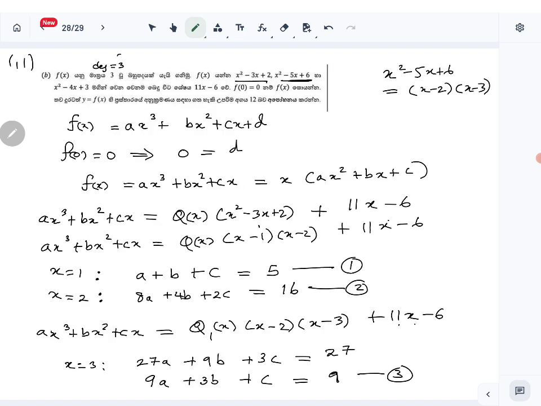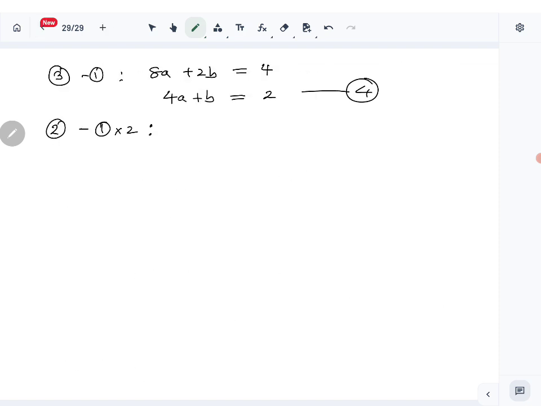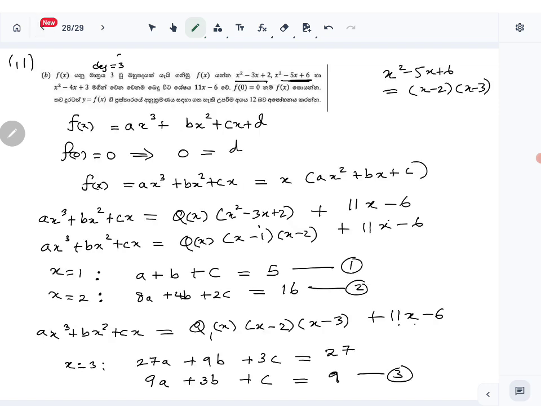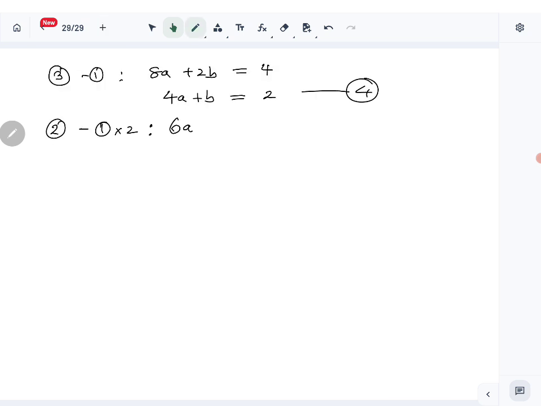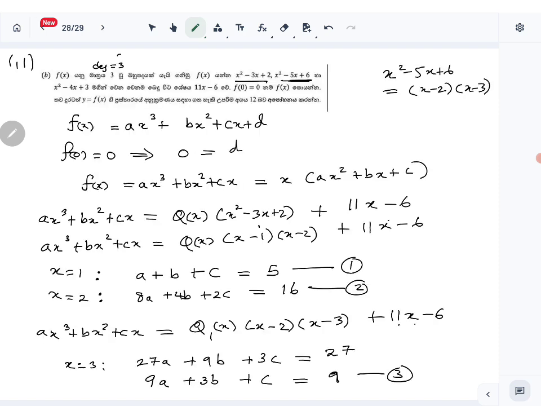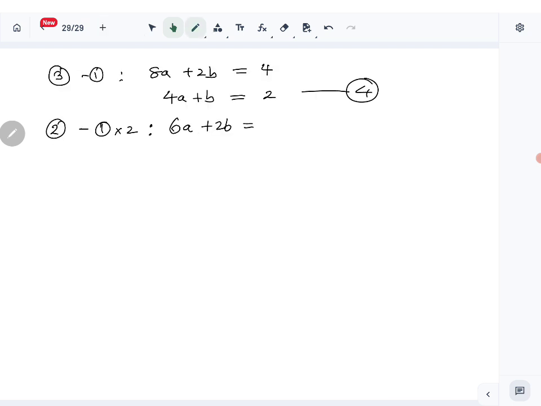So 8a minus 2a is 6a, 4b minus 2b is 2b, 2c and 2c cancel, and 16 minus 10 is 6. Simplify: 3a plus b equals 3. Right, now solve equations 4 and 5.